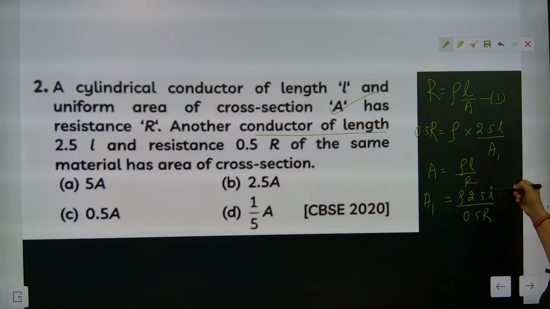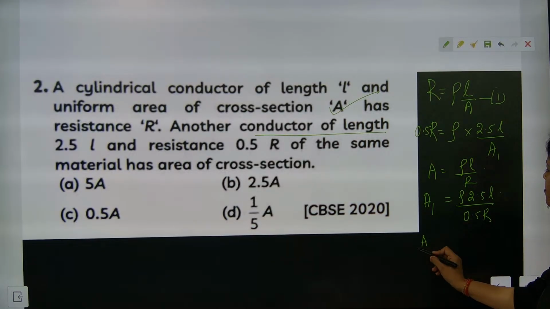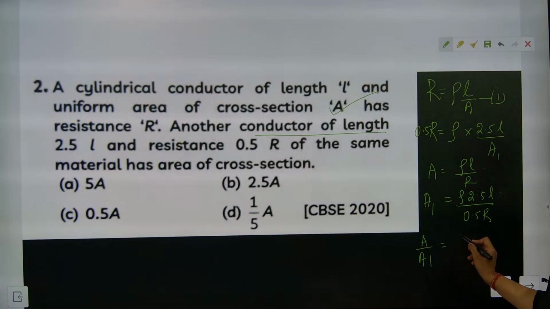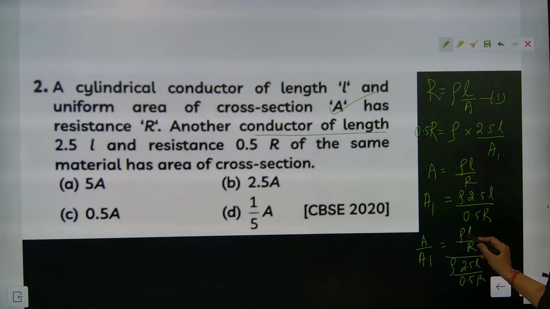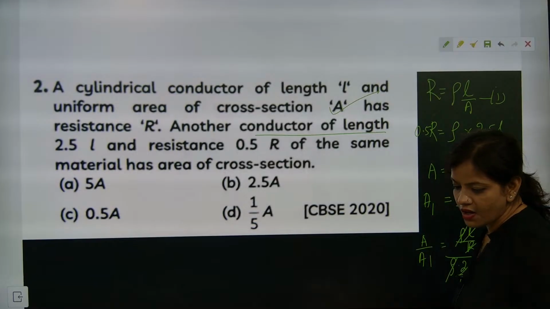So now we will equate this. A by A1 is equal to rho L by R over rho 2.5 L by 0.5 R. So here rho cancels, R cancels, everything cancels, and it will come as 1 by 5. Understood?